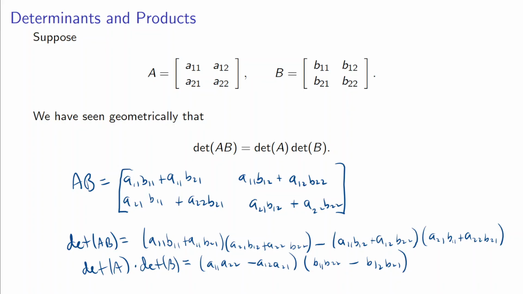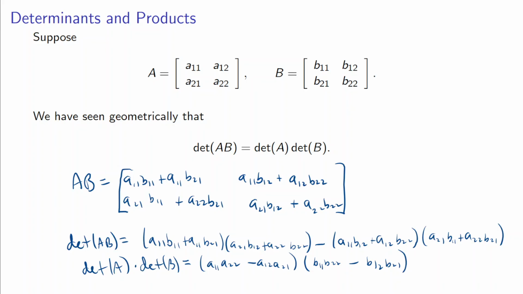So, algebraically, we'd want to see that these two things are equal, and they would be. I'm not going to go through all of the work because it would just get even messier. But we'd distribute enough to get these two formulas to look the same.